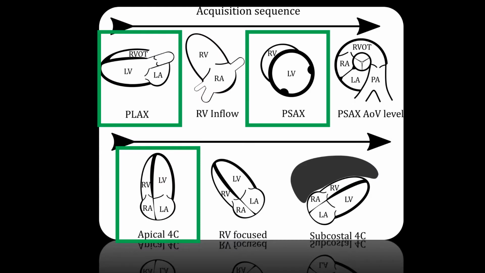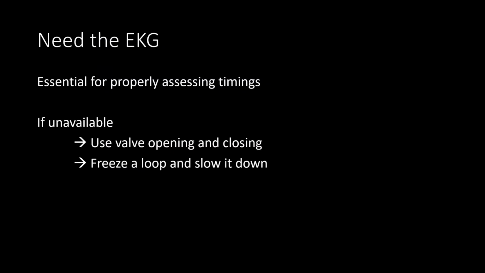These are the three main views used for assessment of interventricular septal motion: the parasternal long axis view, the parasternal short axis view, and the apical four-chamber view. All the other views can be useful in specific applications, but are not necessary for basic assessment. You will also optimally need the EKG leads on your machine.